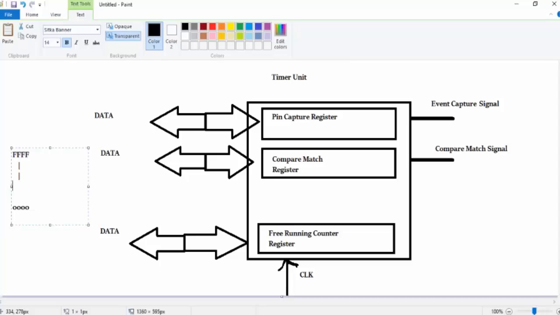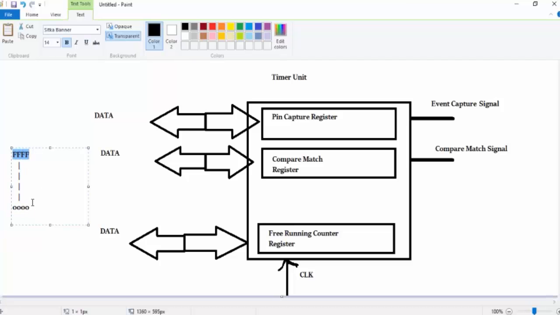From 0000 you will go to FFFF. This is the initial condition you have given or written to the register, your free running counter register. If initially you write something else, then it will go to FFFF from there.